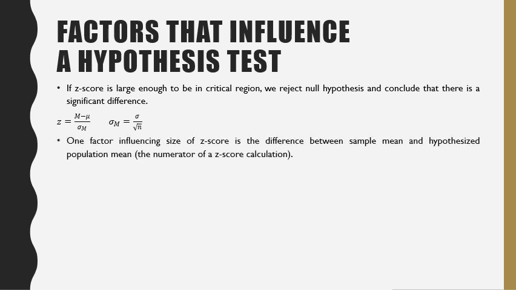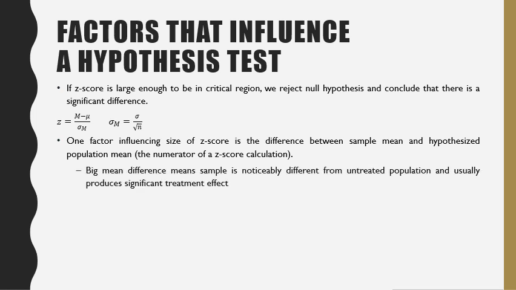So one factor that influences the size of the z-score is the difference between the sample mean and the hypothesized population mean, which is the numerator of a z-score calculation. So a big mean difference is noticeably different from the untreated population and usually produces a significant treatment effect. So if the difference between M and mu is really large, then you can see Z will be large.